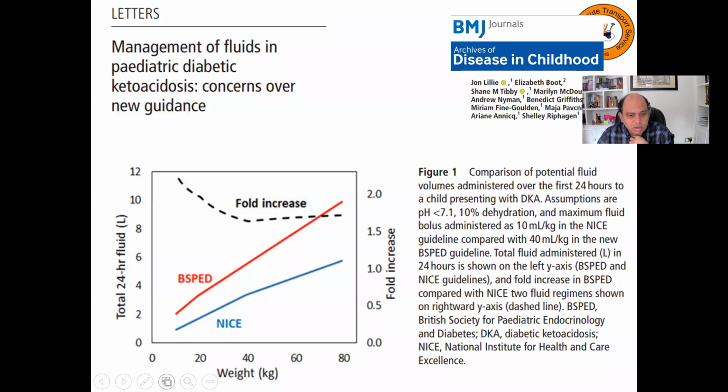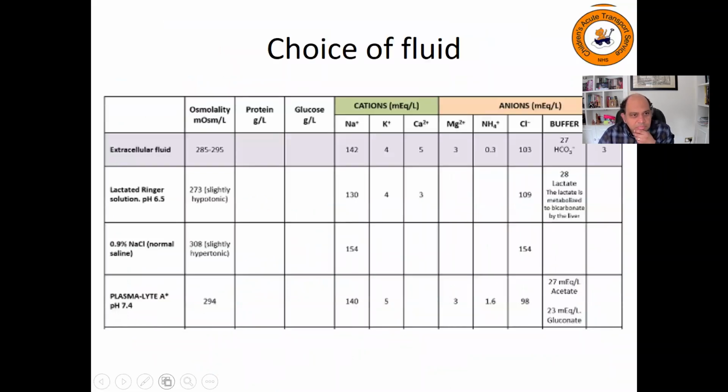So 0 to 80 kilo weights, total fluid given in the first 24 hours, based on each of these. And you can see that there's a lot of fluid being given according to BSPED guidance. Still a lot of fluid being given by the NICE guidance. But if you used a very restrictive regimen, as was previously recommended in 2015, then you would give much less fluid. So moving on to the next slide.